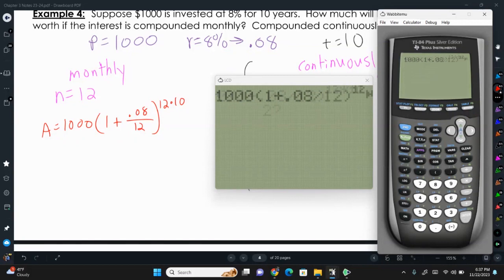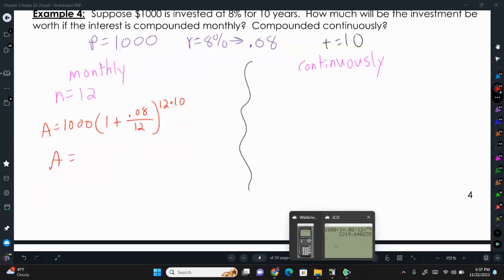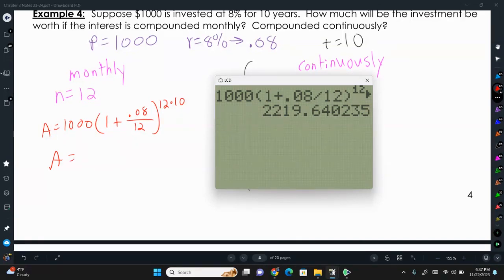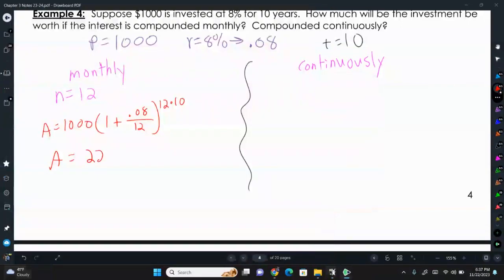Now, if you want to just type in 120, that's fine. I'm just showing you how you would type it into your calculator, because what if it was 8 years and you were compounding weekly? That would be hard to multiply in your head. So our A value was $2,219.64.